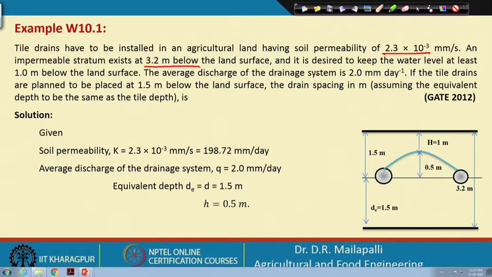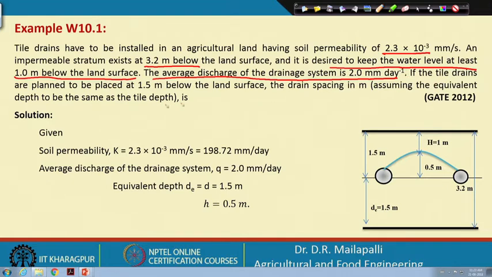Okay, and it is designed to keep the water level at least 1 meter below the land surface. So, this is what we are expecting from the drainage system. That means the root zone we are expecting 1 meter below the soil surface. The average discharge of the drainage system is 2 mm per day.